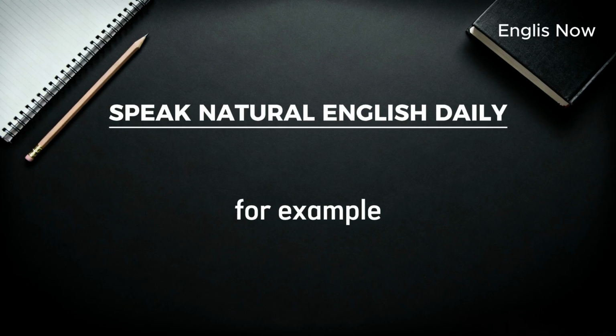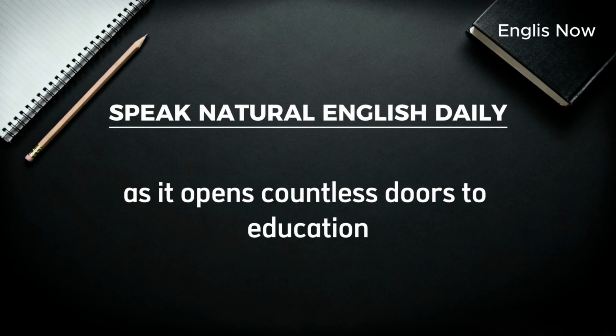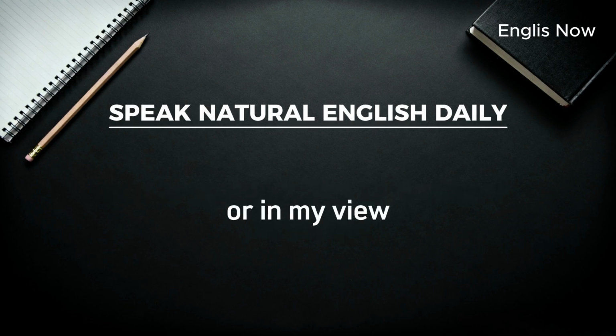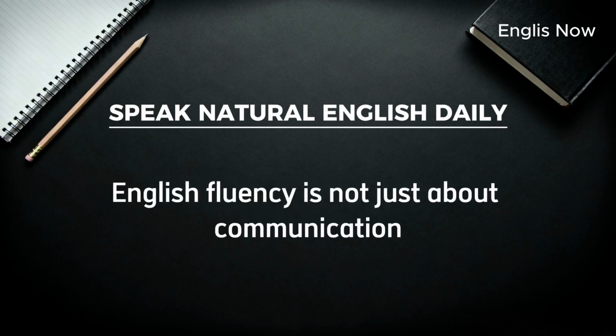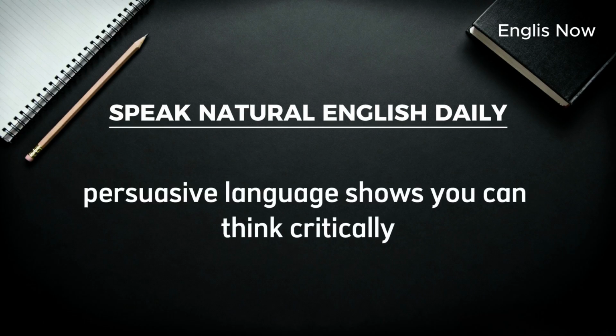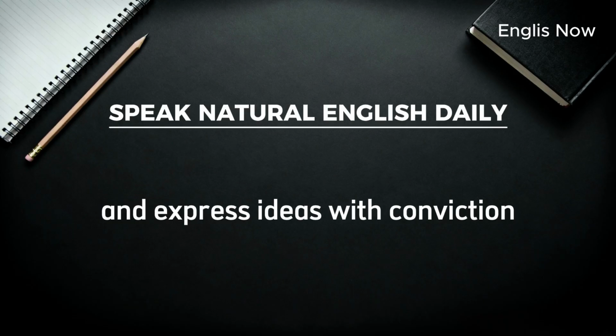For example, "I strongly believe learning English is essential as it opens countless doors to education, career opportunities, and cultural exchange." Or, "In my view, English fluency is not just about communication. It's about connecting with the world on a deeper level." Persuasive language shows you can think critically and express ideas with conviction.